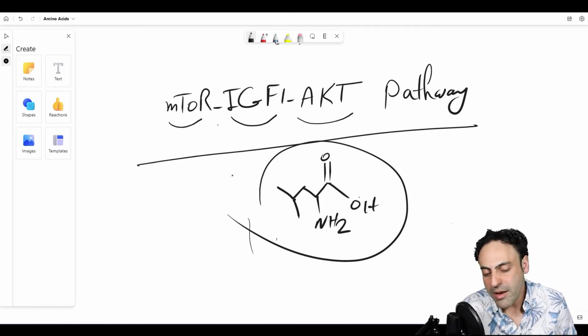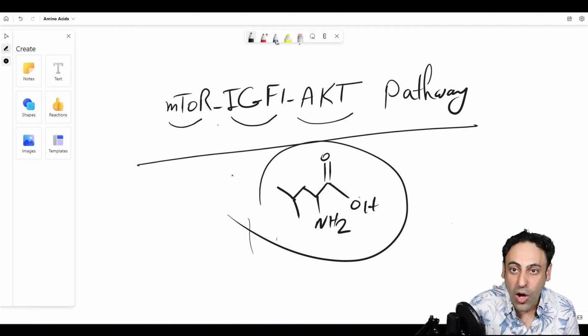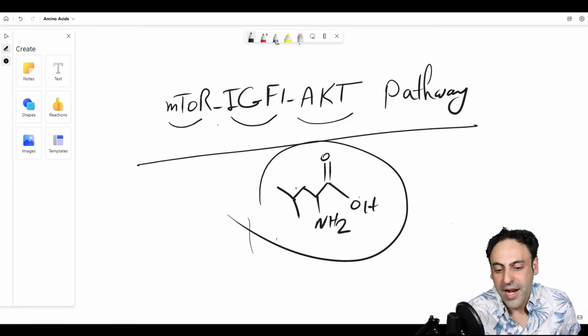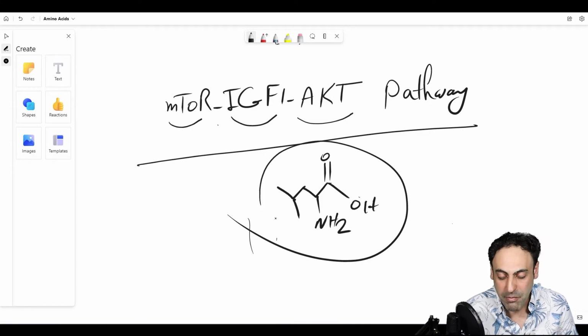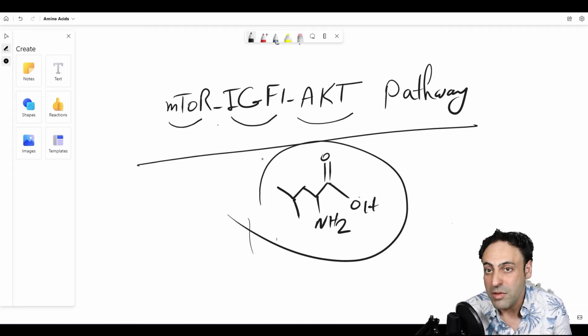Because mTOR can sense nutrients and oxygen for the cell, an abundant amount of leucine can promote growth, especially growth in the muscle cells.